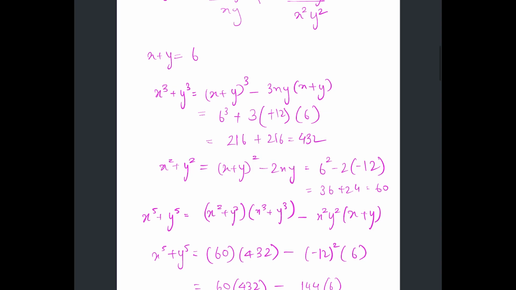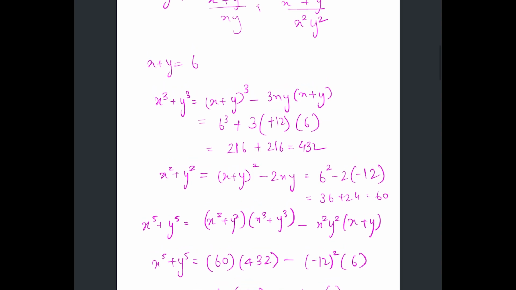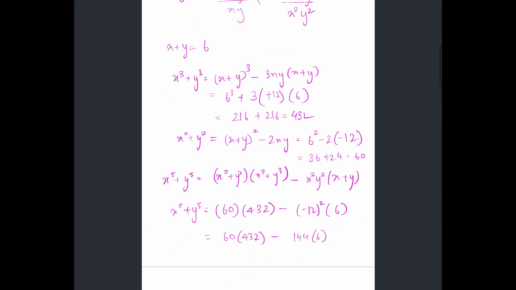Okay, let's keep it like this. It may simplify later. So we have to find this thing right here, right? x plus y plus x cubed plus y cubed by xy plus x^5 plus y^5 by x square y square.